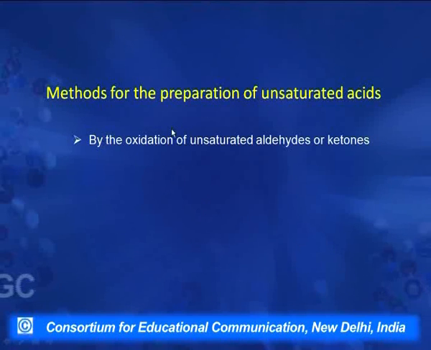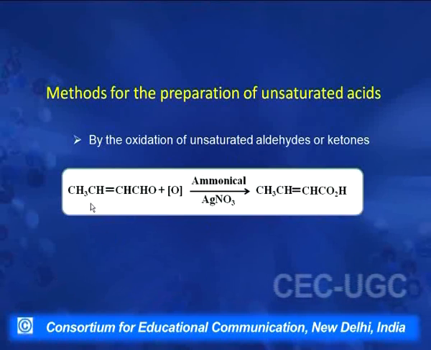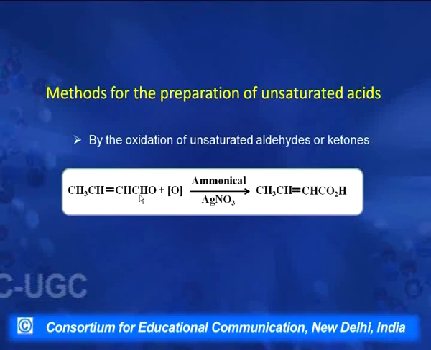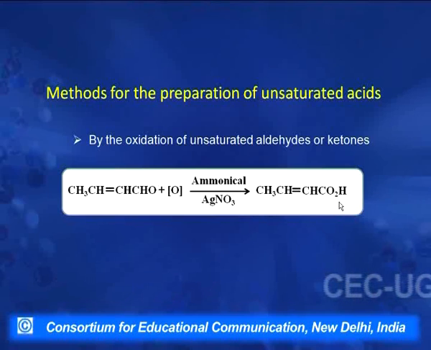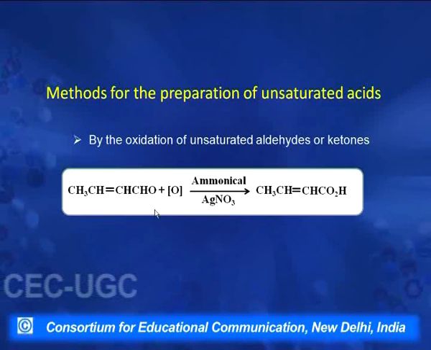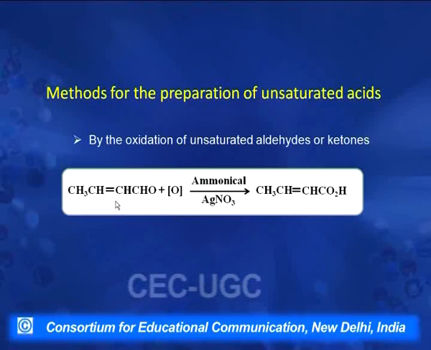These unsaturated acids can be obtained by the oxidation of unsaturated aldehydes or ketones. Like this is an unsaturated aldehyde. This aldehyde group can be oxidized by mild oxidizing agents, and we will get unsaturated carboxylic acid. You see, the reagent to be used here should be such that it does not affect the double bond.